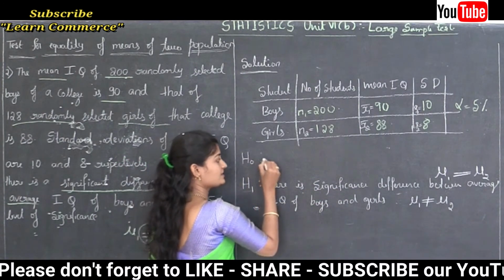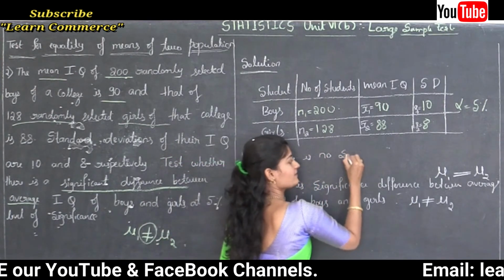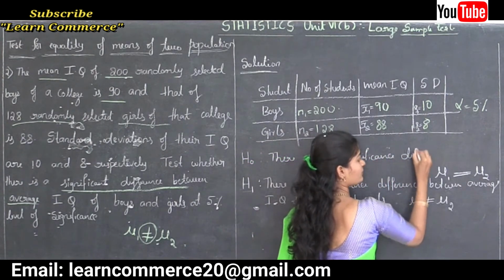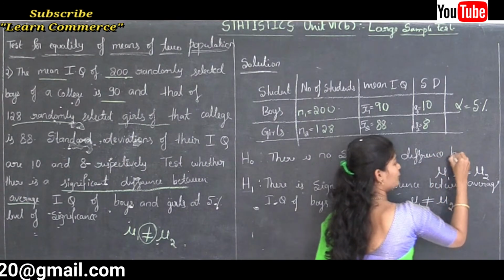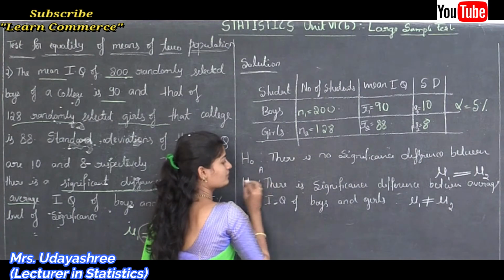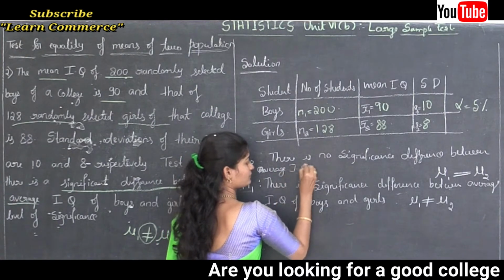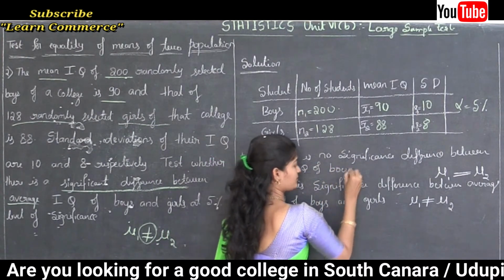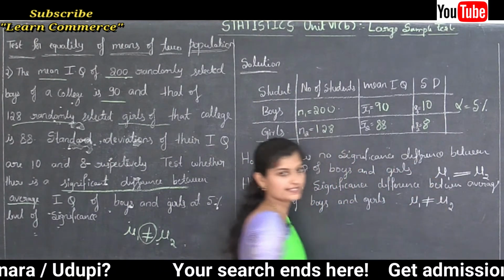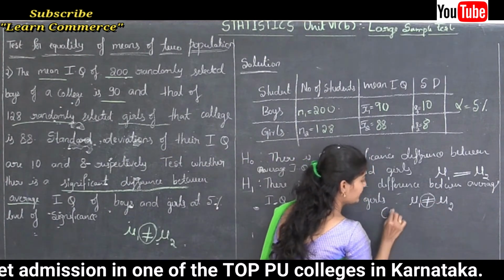So the null hypothesis, H naught: there is no significant difference between the average IQs of boys and girls. That is mu1 is equal to mu2. If it is the not equal to type, then it is a two-tailed test.